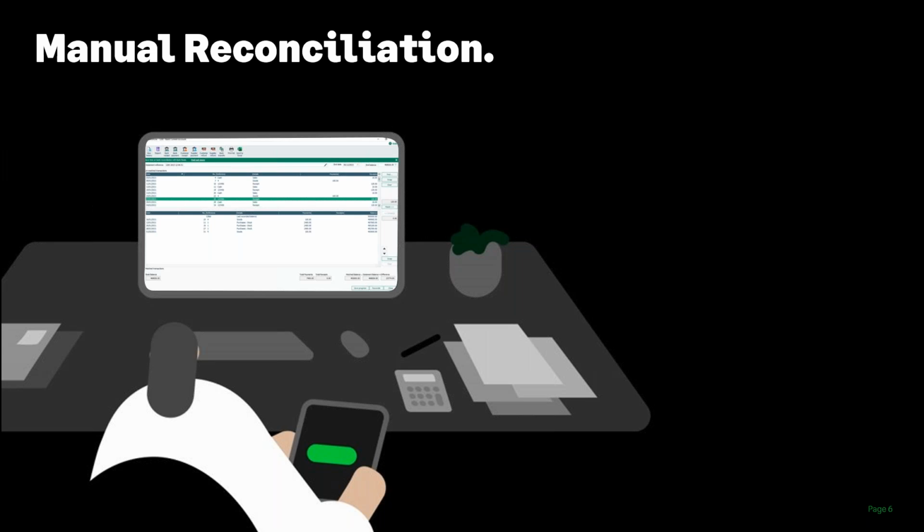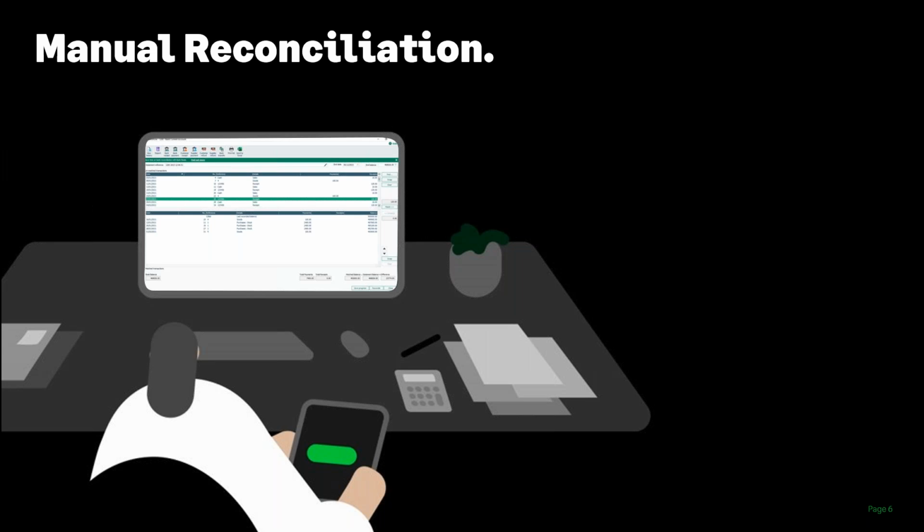Okay, so let's take a look at what it may look like if you are manually reconciling your bank account. So whether that be through the software or not, you may be accessing your statements online, printing them off, or you may receive them via post. You may have a lot of transactions, so your statements are long, or you may have a few months' worth of reconciling to do.